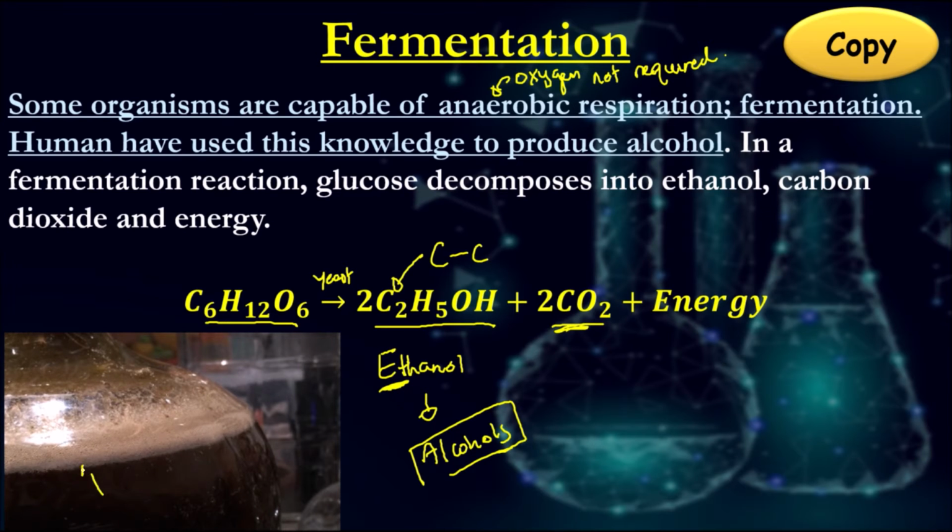That's all from the carbon dioxide that's being produced. And then you get production of energy. For those who didn't know, this energy is caused by the breaking of bonds, so it is energy that's released after chemical bonds are broken.